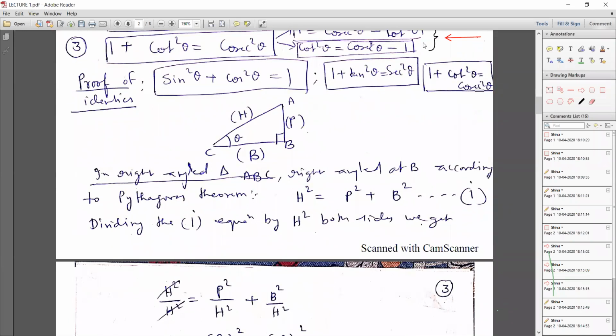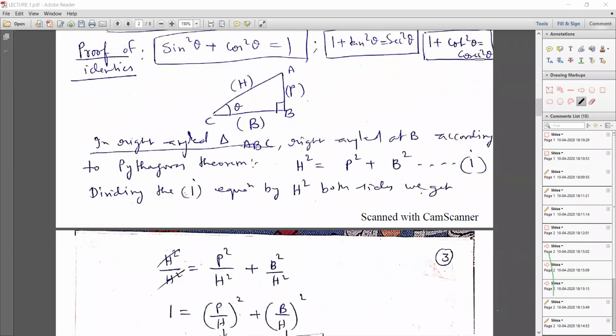Like if I take any triangle ABC, right angle at B, and I mark the angle C as theta. In right angle triangle ABC, according to Pythagoras theorem, what can you write?